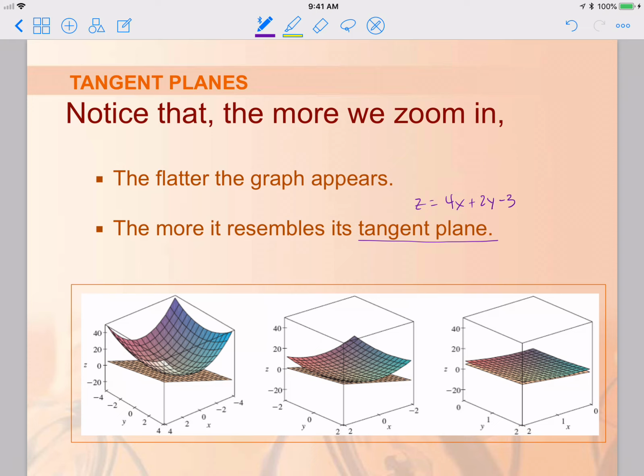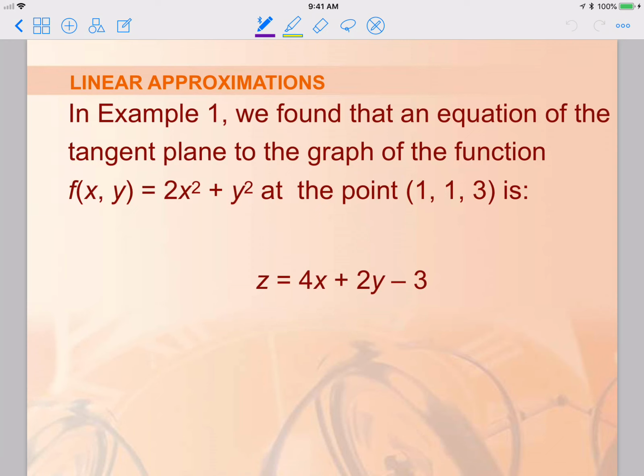What we're saying is that when (x, y) is close to (1, 1), we can just use this approximation: f(x, y) is approximately 4x plus 2y minus 3.